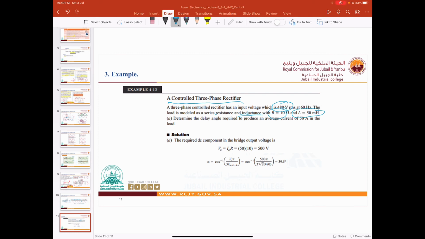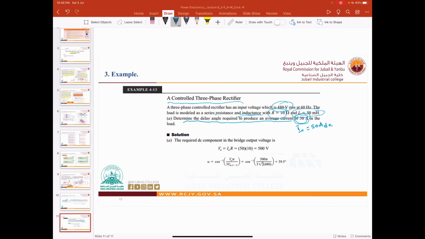Determine the delay angle required to produce the average current of, so this is the average current, so this is I out. I out is 50 ampere. Of course it is DC, right? So he needs the alpha.